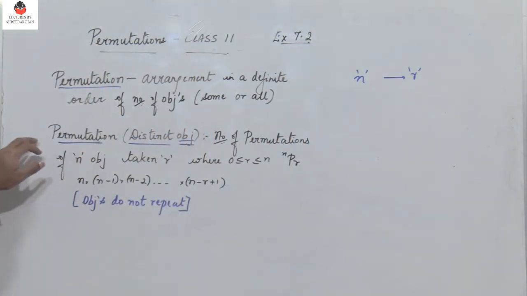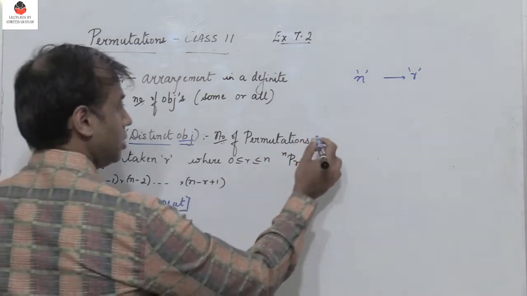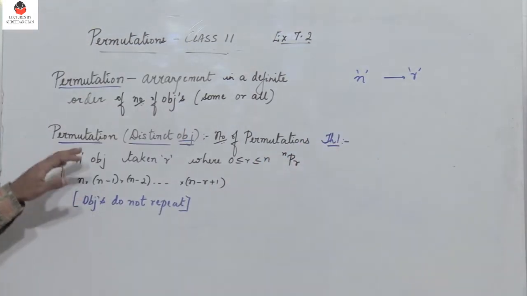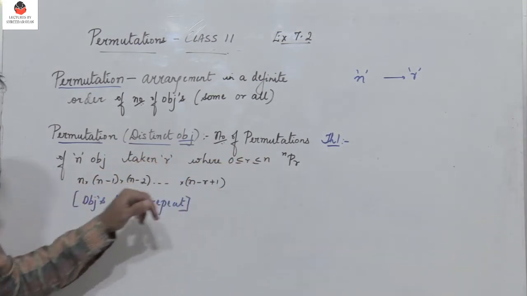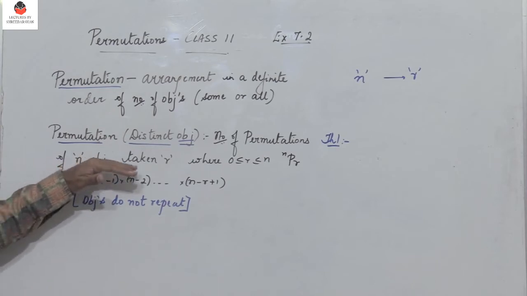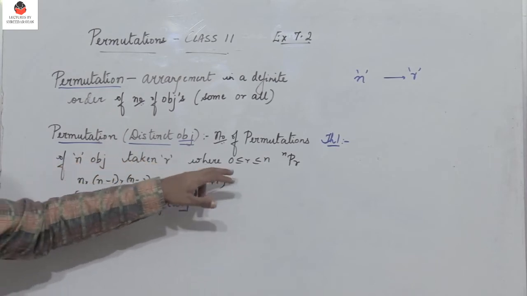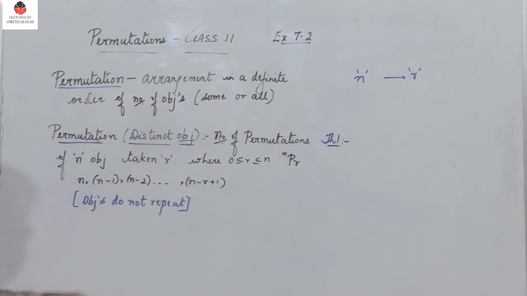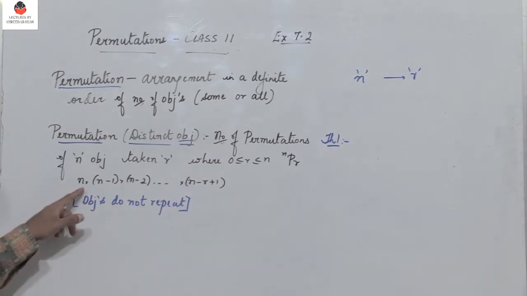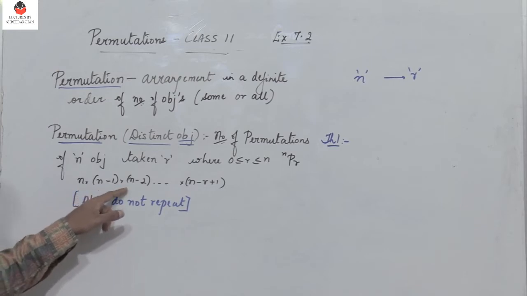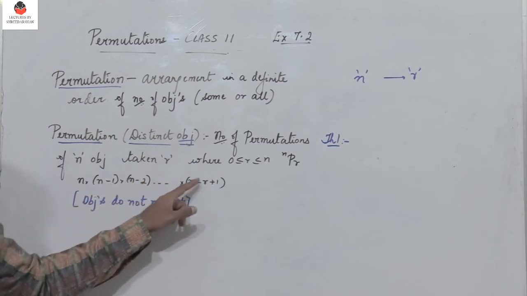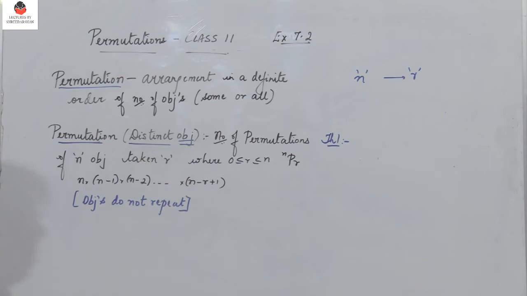Now in the next case, this is referred to as theorem 1. If there are n distinct objects, then the number of permutations of these n objects taken R at a time, where R lies between 0 and n, where the objects do not repeat, is given by n into n minus 1 into n minus 2 into and so on up to n minus R plus 1.